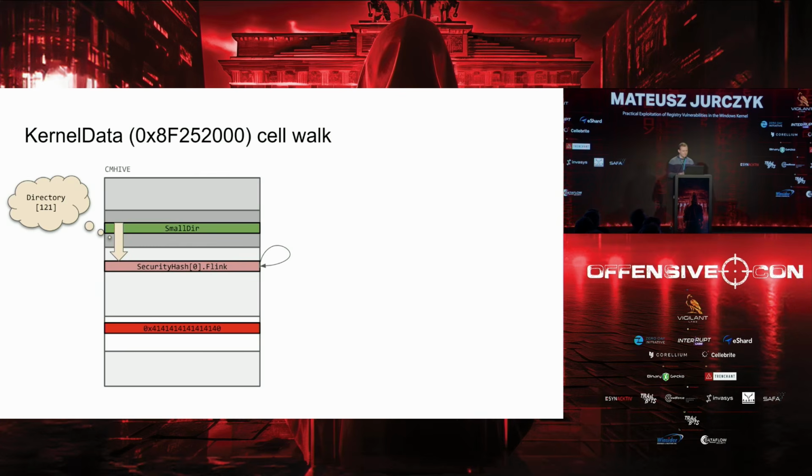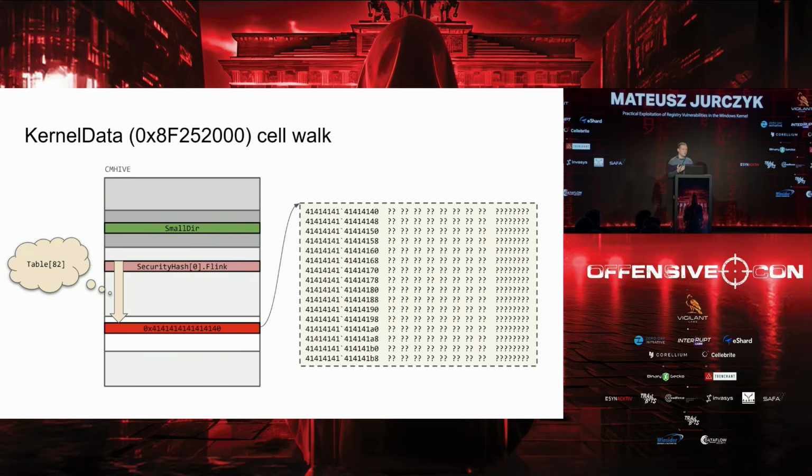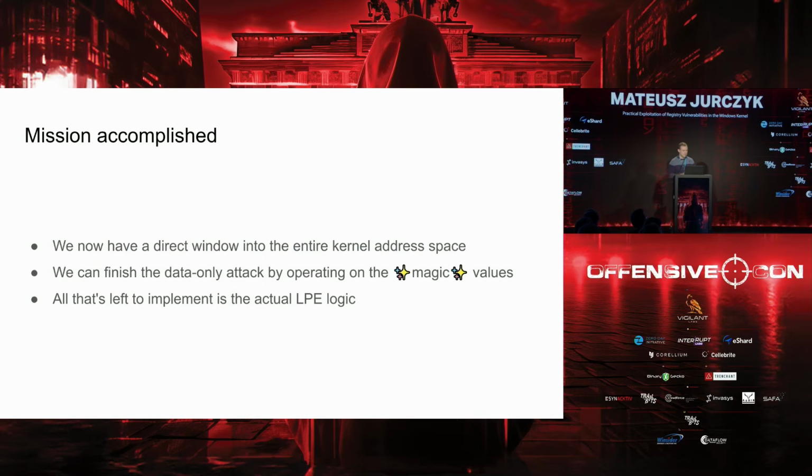And then for kernel data, we use the directory index of 121, which points at some pointer that points to itself. So it's kind of a knob in this sense. And then from there, we choose a table index of 82 in order to have it point into the address that we wrote. That basically means that the cell index translates to the virtual address 41414141 that we have chosen. So great, mission accomplished.